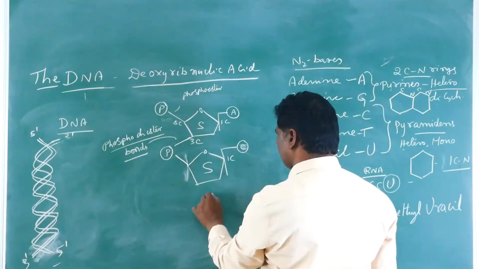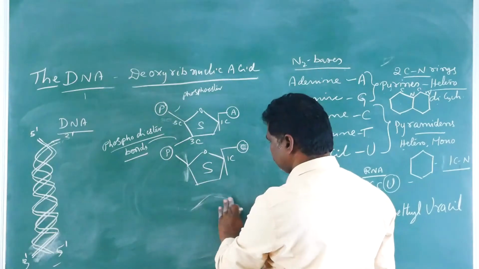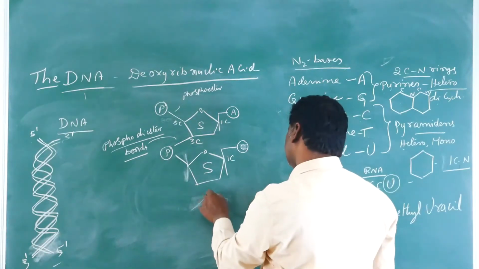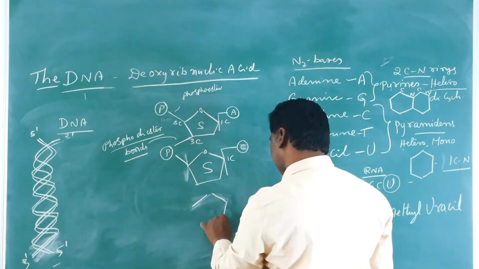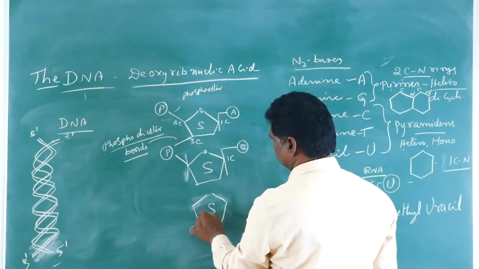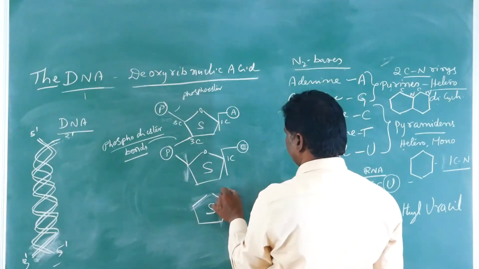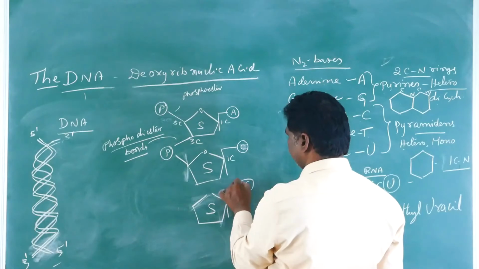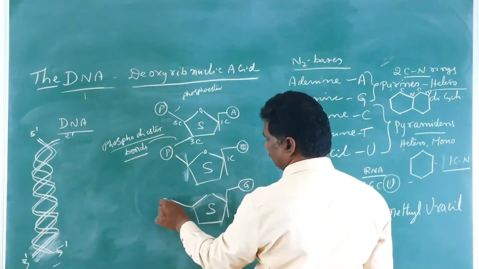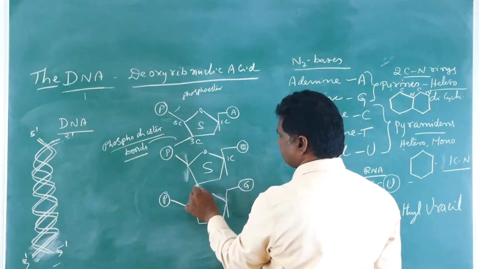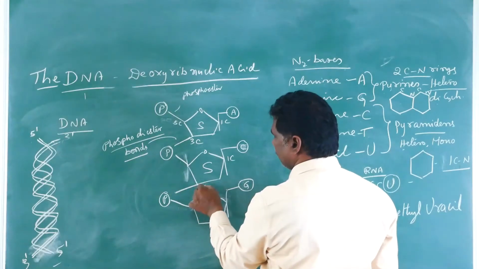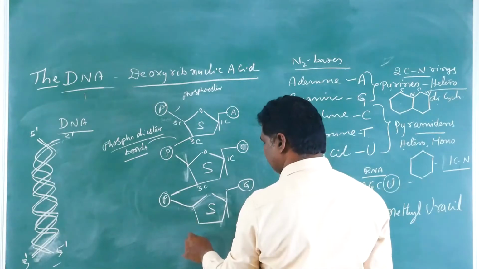Next, you can see another nucleotide. Imagine this one is guanine. On the fifth carbon there is a phosphate, and from the third carbon there is also a phosphate. Both are interlinked with phosphate.